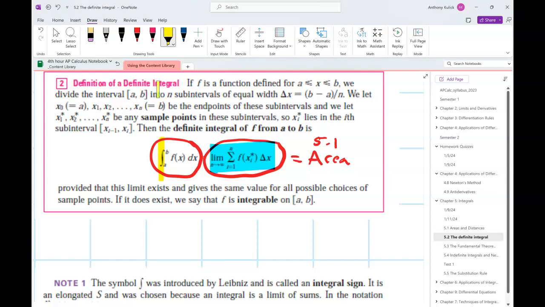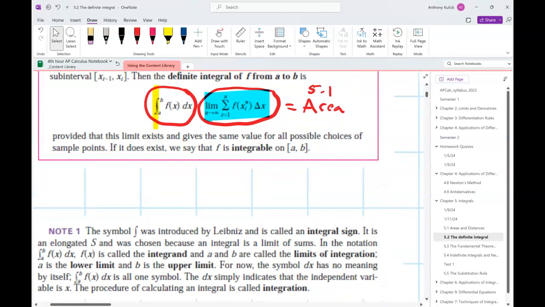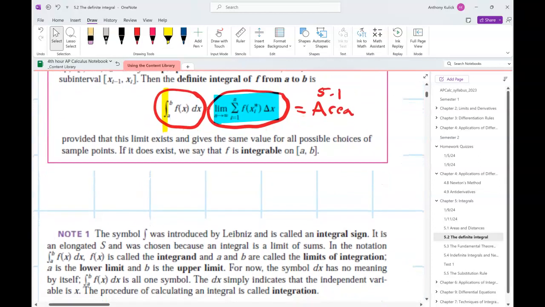The a and the b, the a we would call the lower bound, the b we call the upper bound, or the upper limit and the lower limit, excuse me. F of x we call the integrand, that's the function that we're integrating.